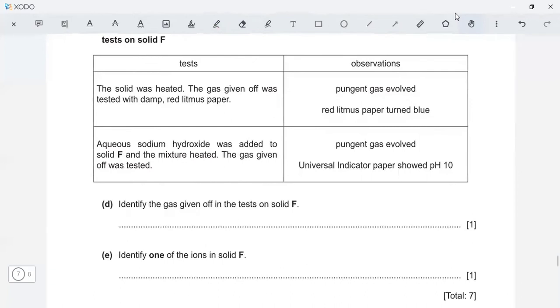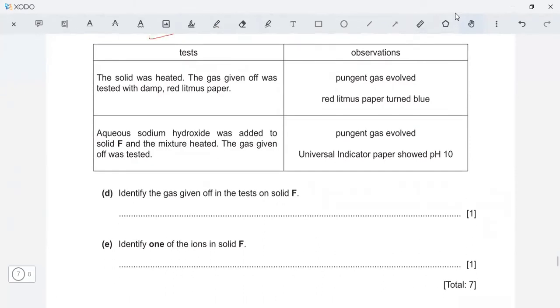Next one. Now let's do the test of solid F. Whatever we were talking about was solid E. Now we're going to test solid F. The solid was heated.